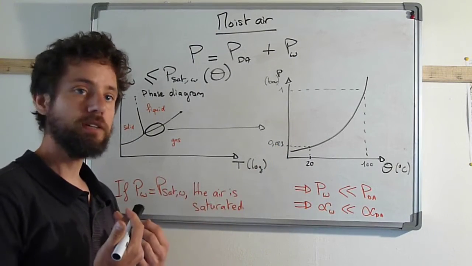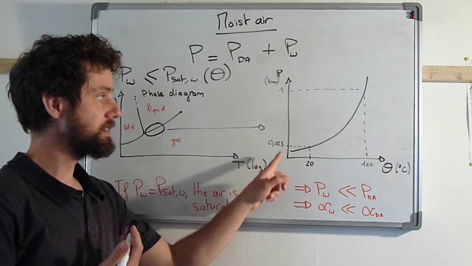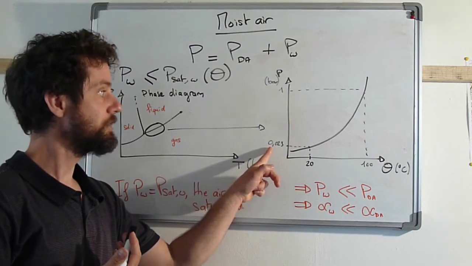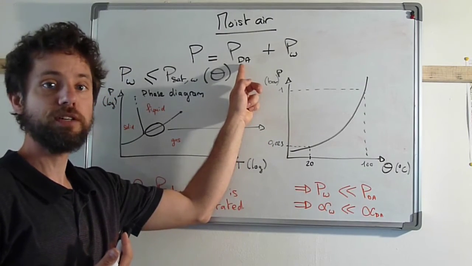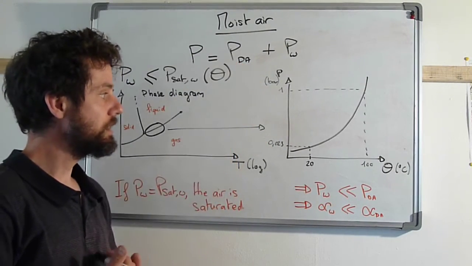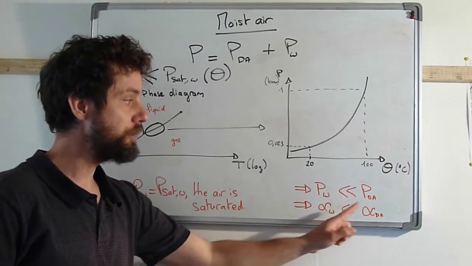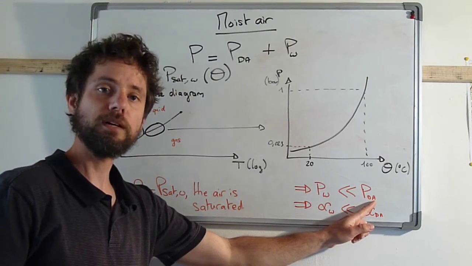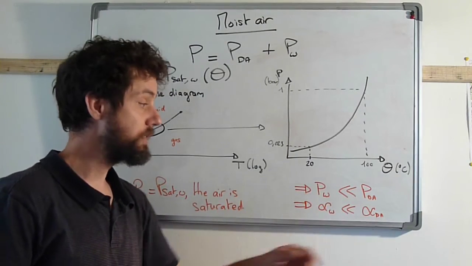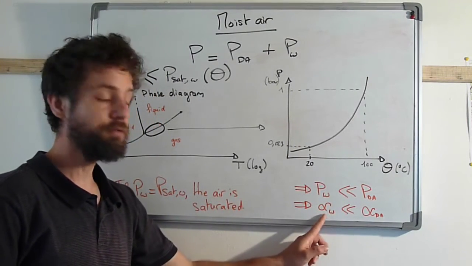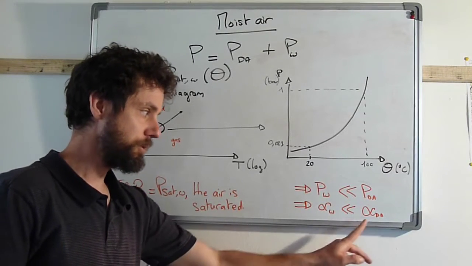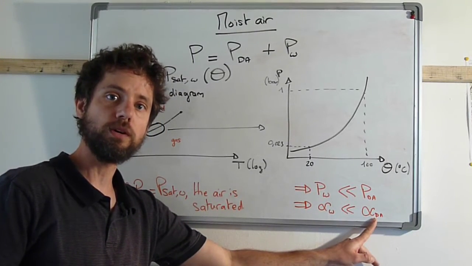If the total pressure is still 1 bar, it means that all the remaining partial pressure will be the partial pressure of dry air. So in most cases, the partial pressure of water will be very low compared to the partial pressure of dry air. This means also that the molar fraction of water is very low compared to the molar fraction of dry air.